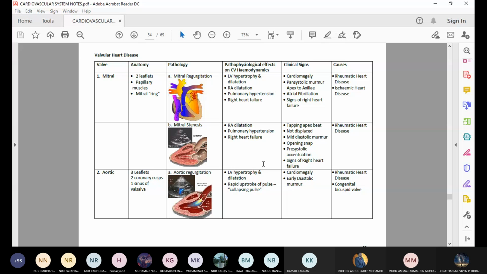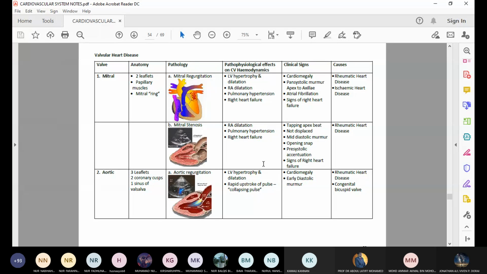Then what happens? The blood that is regurgitating back into the left atrium causes the left atrium also to have high pressure. Then the left atrium will also be dilated and hypertrophied. Okay, so you will see in the next column, left ventricle hypertrophy and dilatation, left atrial dilatation. Then the back pressure goes into the pulmonary circulation.